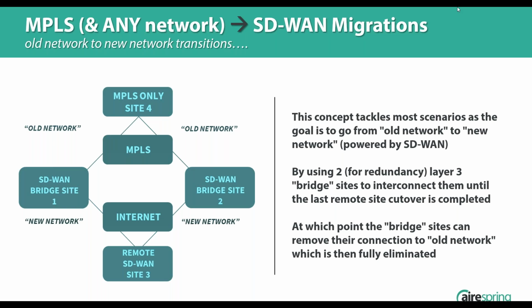Now you may be asking about migrating, and I just want to throw this slide in there real quick. So how about migrations? How do we do it when there's an existing network in place? It's really pretty simple. You start with a couple of sites that are in the existing network, the MPLS network, let's say, and then you just simply build them as a bridge to the new network.